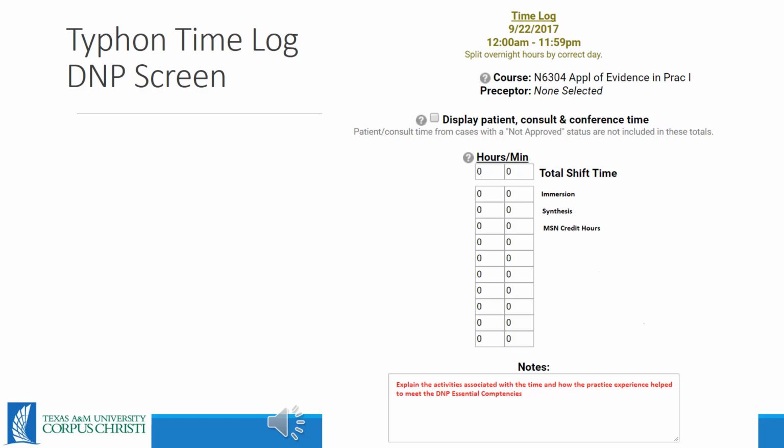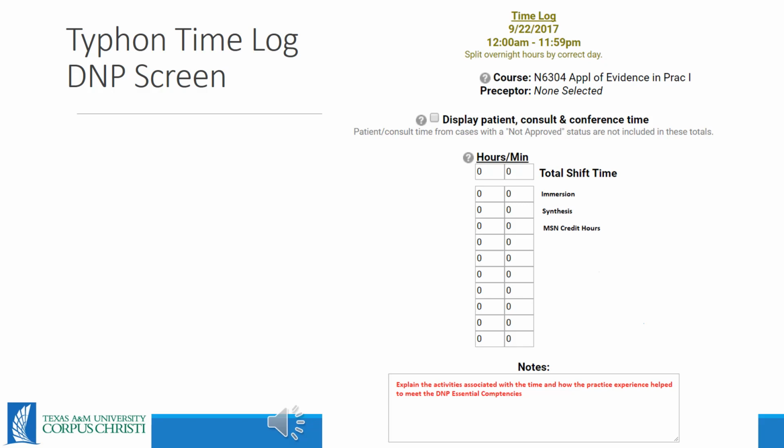You'll do your time log by the day. Then you'll enter the total shift time, but you will categorize that time as either immersion or synthesis. You also see the MSN credit hours, and that's done at the beginning of the program, so you will not need to do that after you start the program. So you'll only have 2 choices, immersion and synthesis.